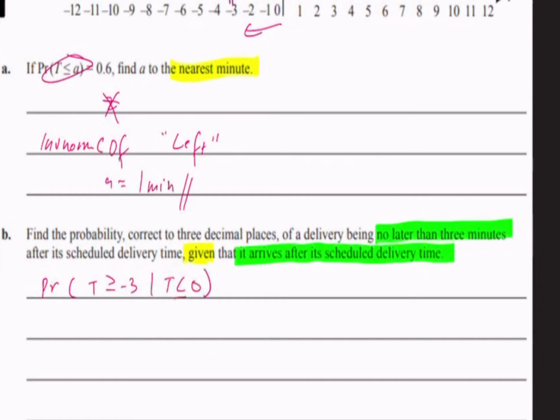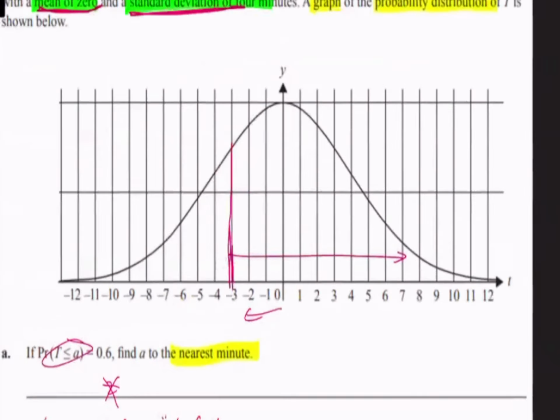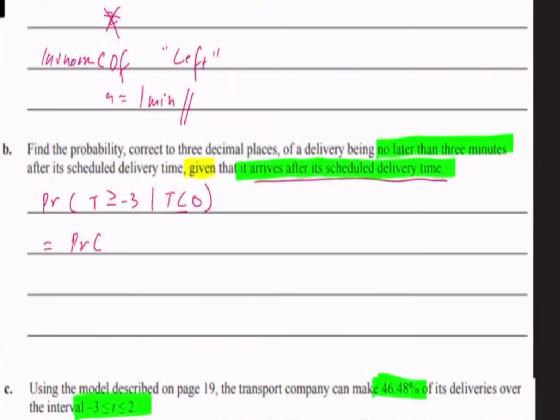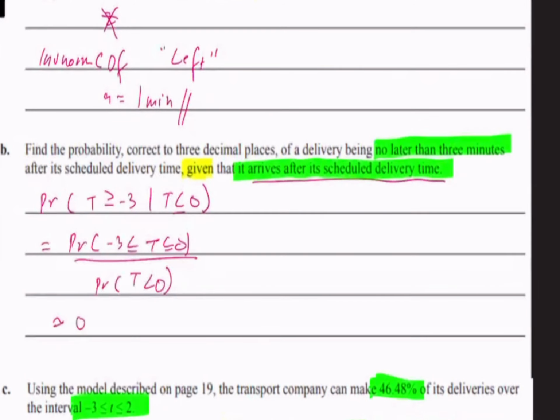T is less than 0 because if it's arriving after its scheduled delivery time, then it's late. And if it's late, then the time is going to be negative. So our intersection for these two is that t is between -3 and 0, over the given condition, which is that it's late. And if you put that into your CAS using normal distribution, you get 0.547.